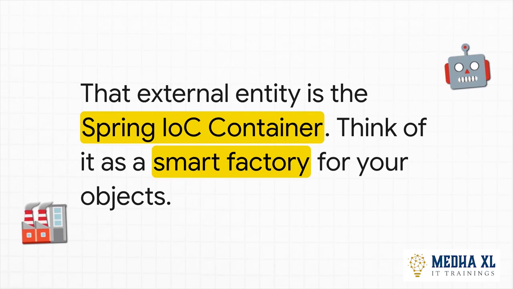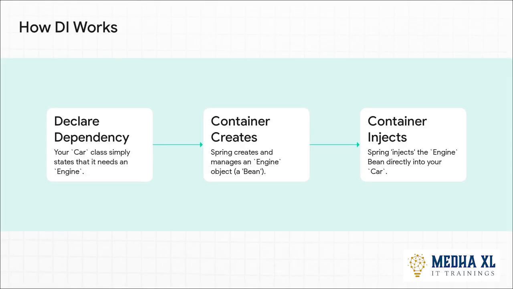Well, it's the Spring IoC container. Now, IoC stands for inversion of control, which sounds complicated, but it's not. It just means we're flipping the script. Instead of our code being in charge of creating everything, we hand over that control to the Spring framework. That's why thinking of it as a smart factory or maybe even a master mechanic is the perfect way to picture it.